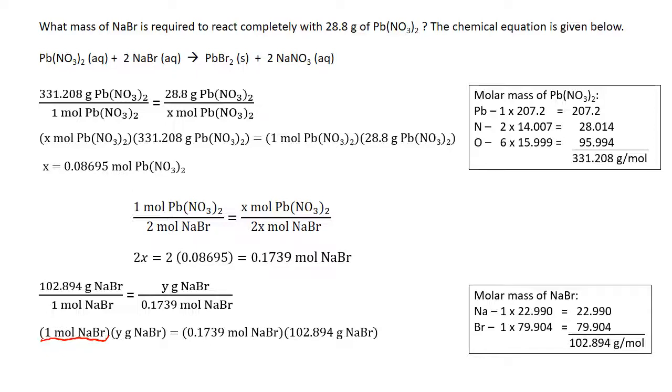When we do that, the answer we get for y is 17.9 grams of sodium bromide. So that's the mass of sodium bromide we need to react completely with our 28.8 grams of lead nitrate. Now notice that our answer, 17.9 grams, is 3 sig figs, just like it was for our mass of lead nitrate. So if you're having trouble solving stoichiometry problems by the method we developed in class, hopefully this proportionality method will help you.